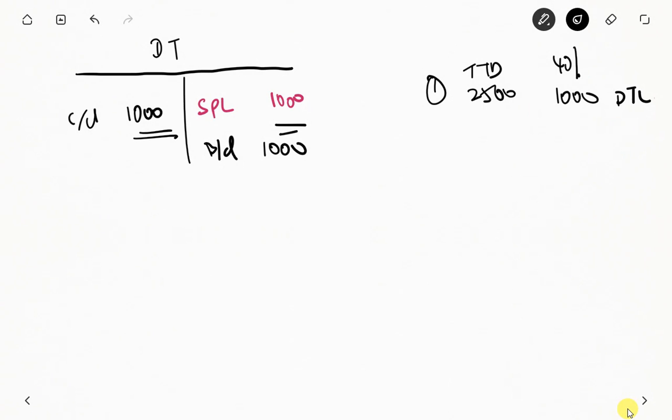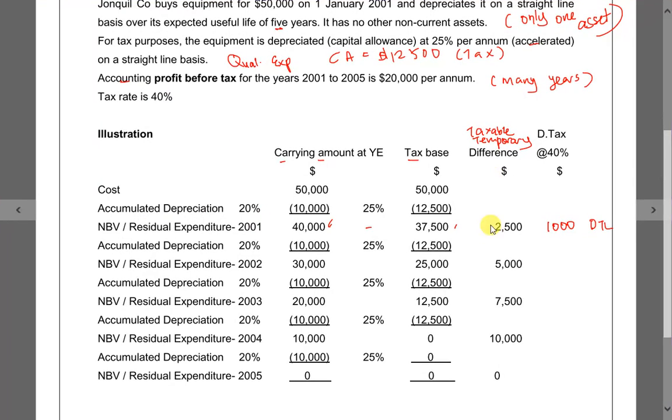Second year. Again, depreciation accounting, we claim 10,000 depreciation, but for tax, we claim another 12,500. So we claim another 2,500 extra, accelerated. So I pay government lesser tax because I can claim more. So what's the difference now?